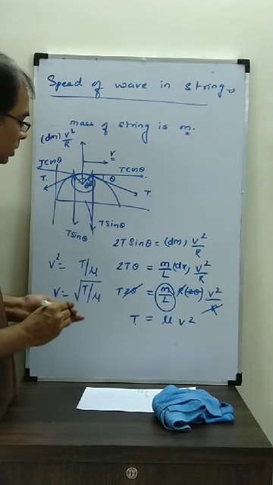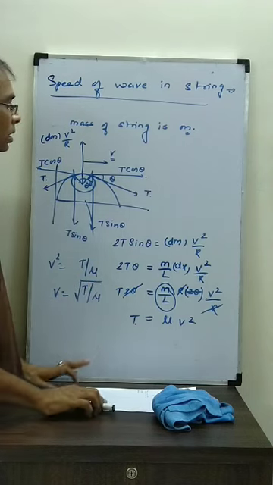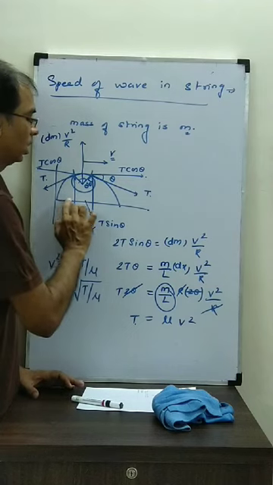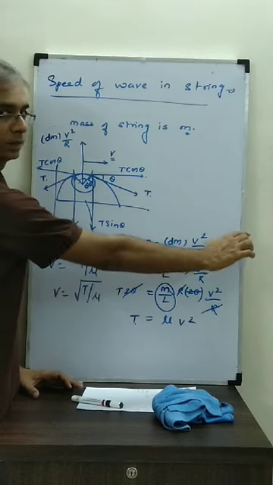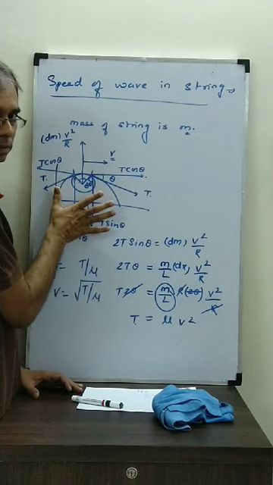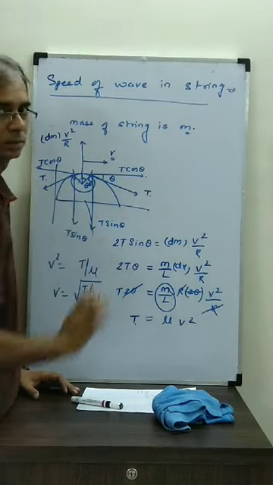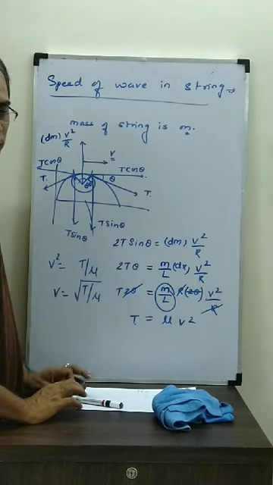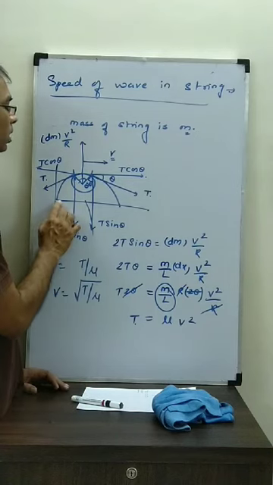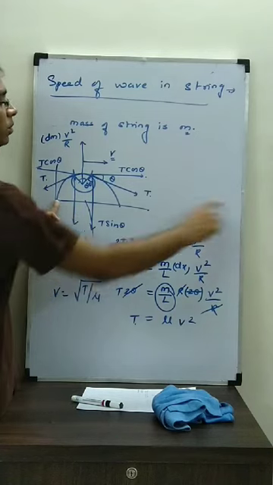This is the speed of wave in string. This is the speed with which our wave is moving in the string. String is at rest, but wave is moving. Remember that always. Who is moving? Wave is moving. String will remain here only. String will not move like this.